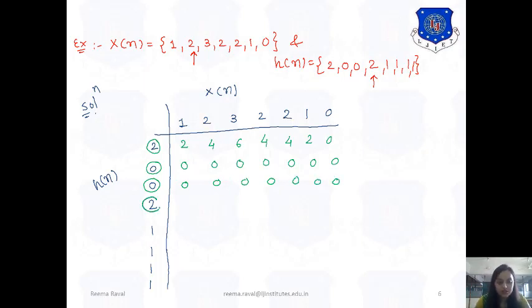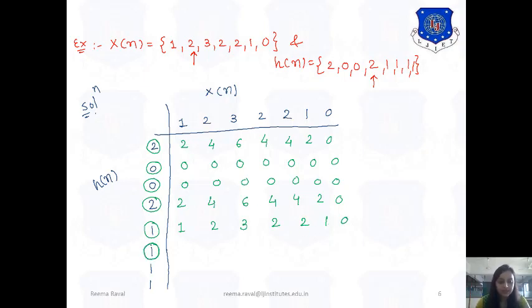Next is 2. So by multiplying it with all of these values we will get 2, 4, 6, 4, 4, 2 and 0. Now the next value is 1. We will multiply this 1 with all of these values, which will give the same values, that means 1, 2, 3, 2, 2, 1 and 0.